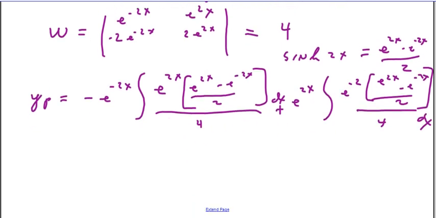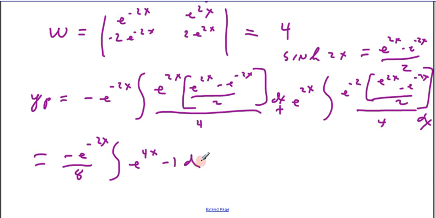Okay. Y sub p. Okay, so I'm going to bring out the 4, I'm going to bring out the 2, and I have minus e to the minus 2x over 8 integral, and I'm going to have e to the 4x minus 1 dx.